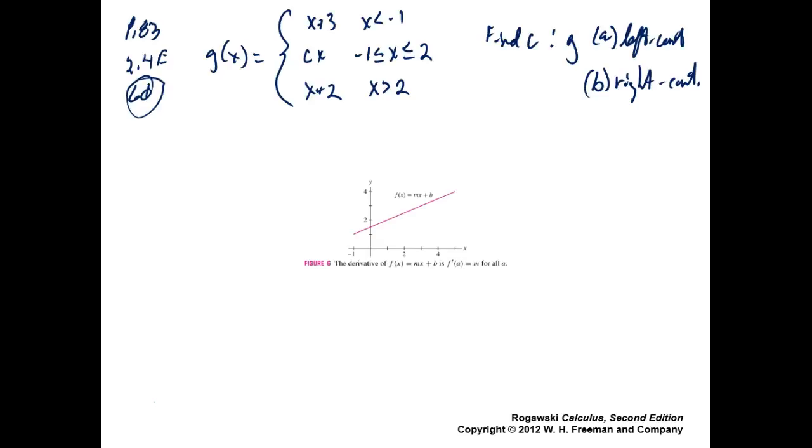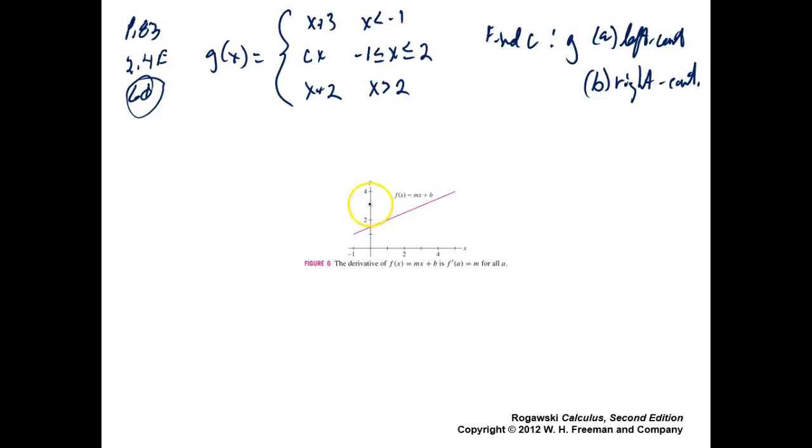All right, let's do this function. We'll just use the graph they have here, I think. And it's x plus 3 for all x's less than -1. Well, x plus 3 would have a slope of 1 and a y-intercept of 3.